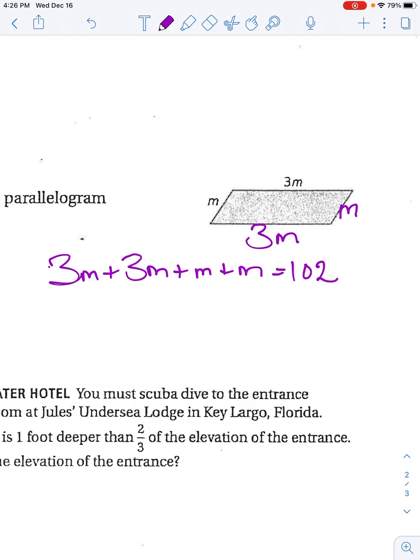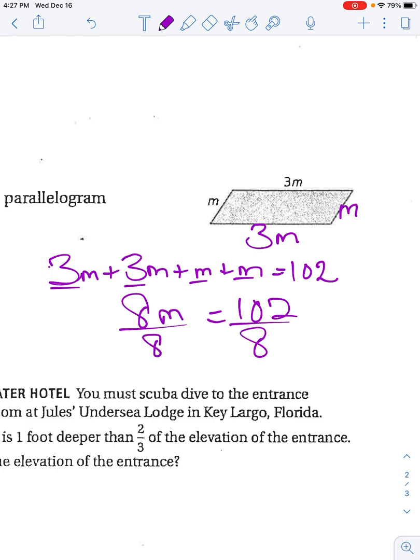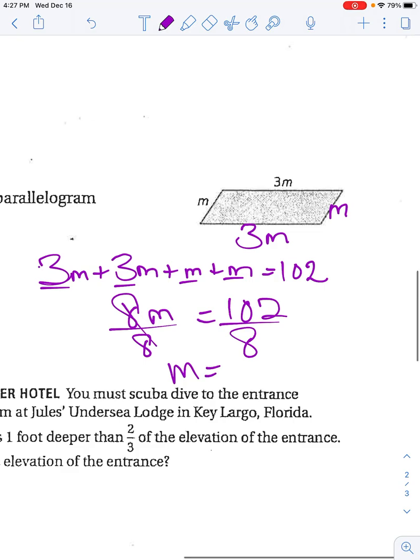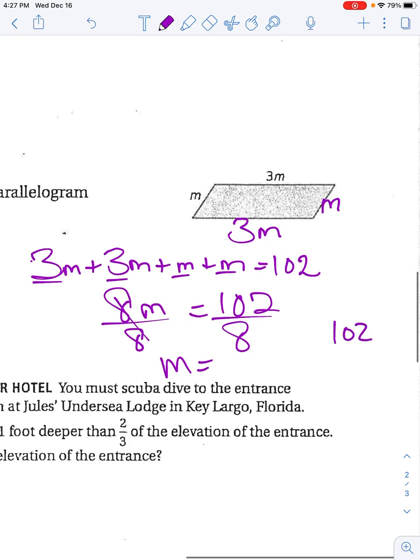You should be thinking we can combine all of those m's. Here's 3, 4, 5, 6, 7, 8. There's 8 m's. So 8m equals 102. 8 times something is 102. Do the inverse. Divide by 8 to find m. 102 divided by 8.